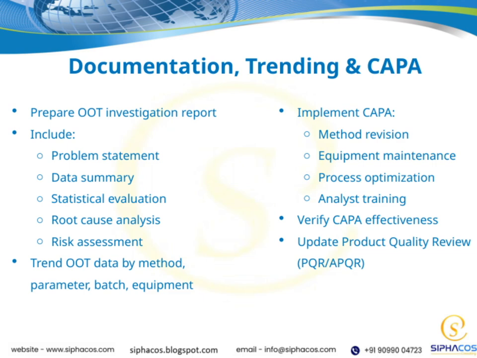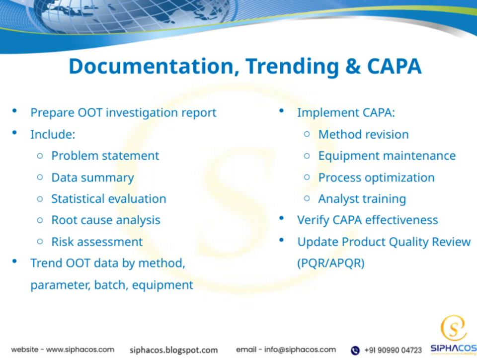Updating the Product Quality Review, or PQR and APQR, plays a key role here, as it provides a comprehensive overview of product quality and helps identify areas for improvement. When an out-of-trend, or OOT, result occurs, we need to prepare a thorough investigation report. This report should include a clear problem statement, a summary of the data, and statistical evaluations to understand the significance of the findings.